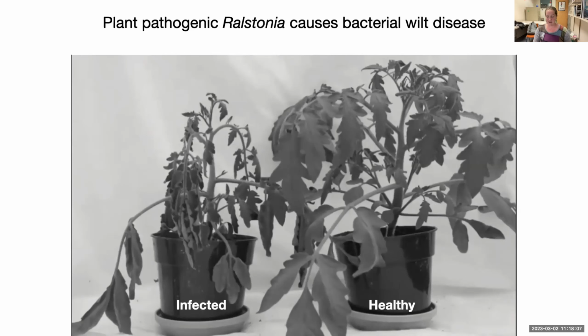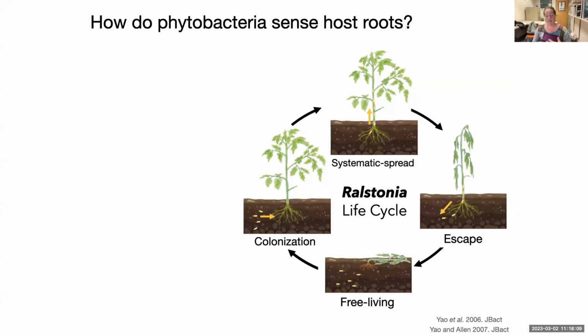This plant pathogen infects the plant through the soil. It lives first in this free living environment where it's basically scrounging around for any chemicals that it can find, using its chemotaxis to locate little pockets of nutrient-rich areas, and ultimately following chemical gradients to colonize the host plant. Once it locates and discovers a host root, it enters into the plant and is spread systemically throughout the plant using xylem flow.